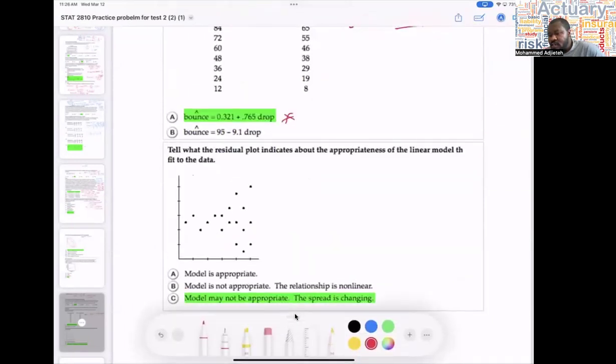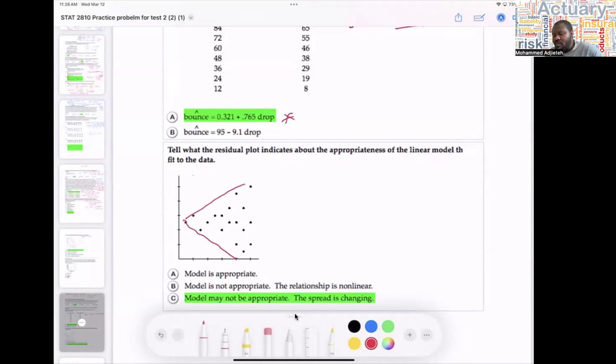The next one says that we should tell what the residual plot indicates about the appropriateness of the linear model fit to the data. So when we see this, what are we seeing? Look at this. You can see that the spread is changing, so the model is not appropriate.